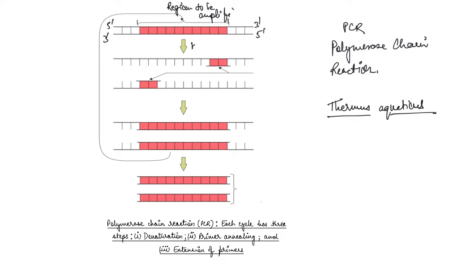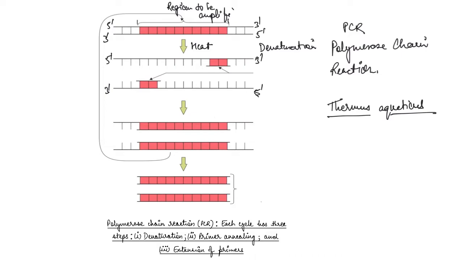Now we heat it. This process is known as denaturation. What is happening because of heating is that both the strands are separate now, the 5 to 3 strand and the 3 to 5 strand, right?